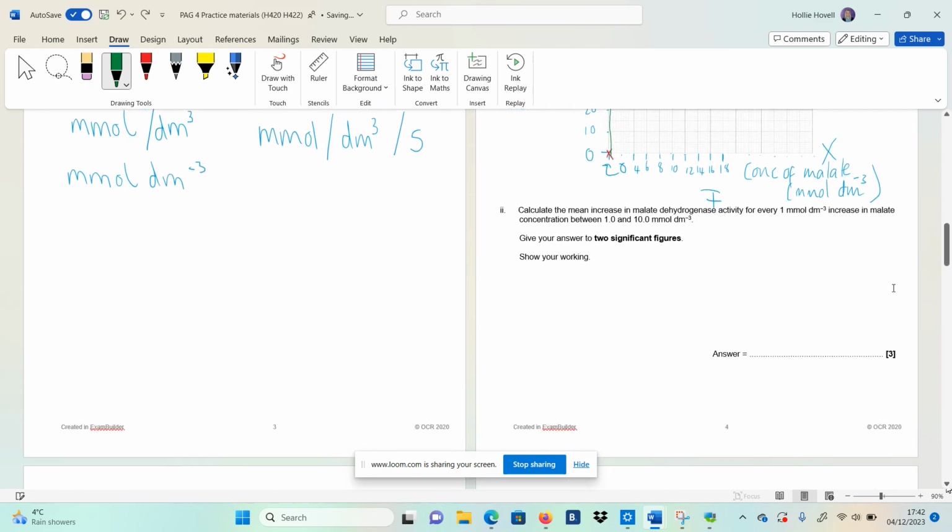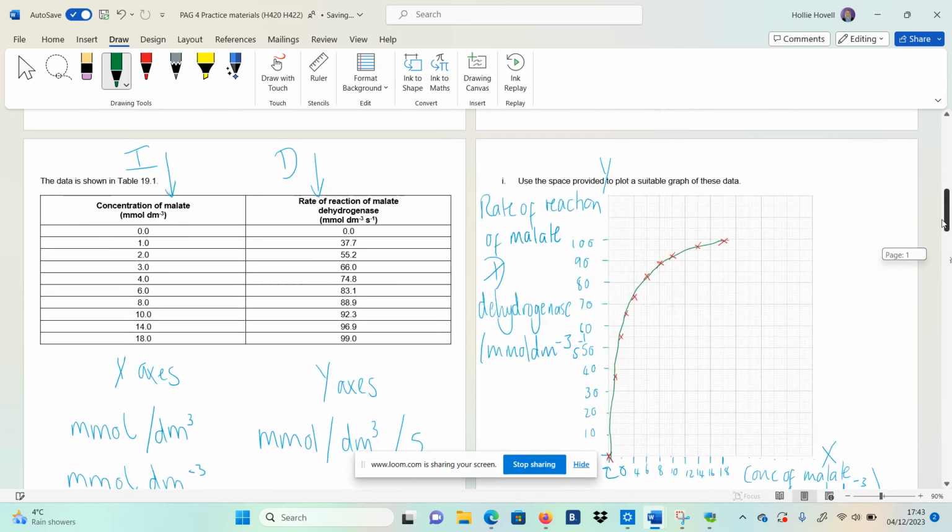Part 2 says calculate the mean increase. So mean is obviously a type of average. Mean increase in malate dehydrogenase for every 1 millimole per decimeter cubed increase in malate concentration from 1 to 10. Okay, so let's have a look at our table.